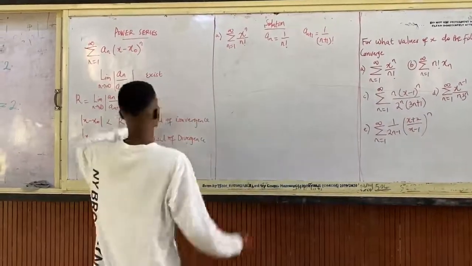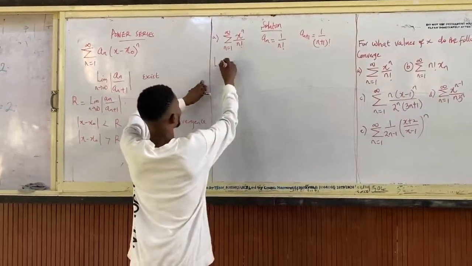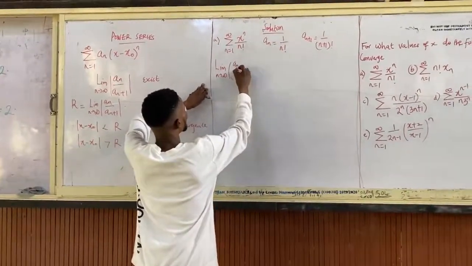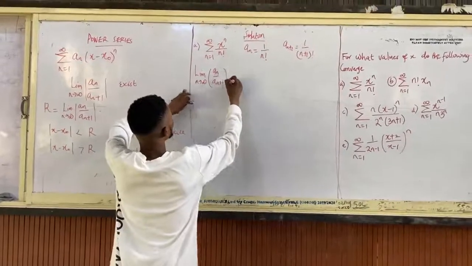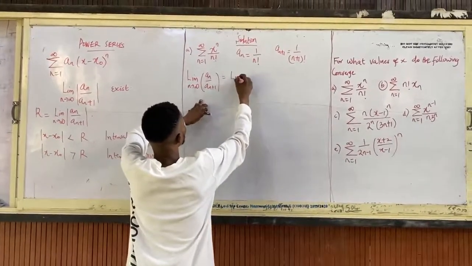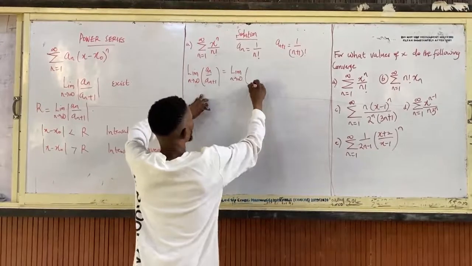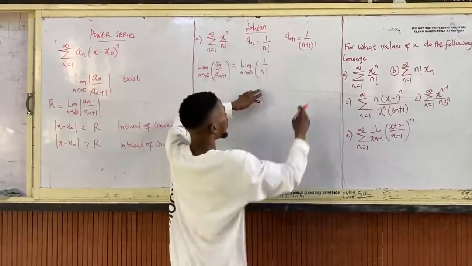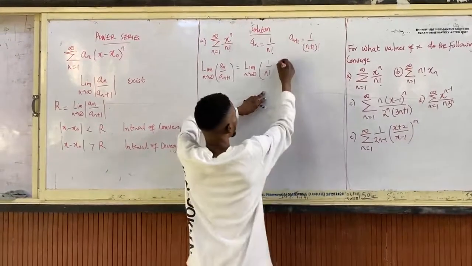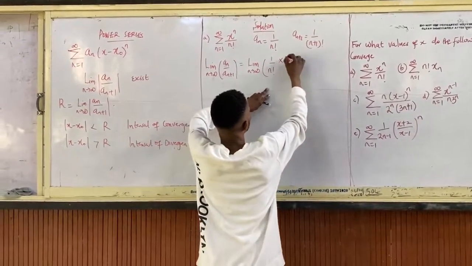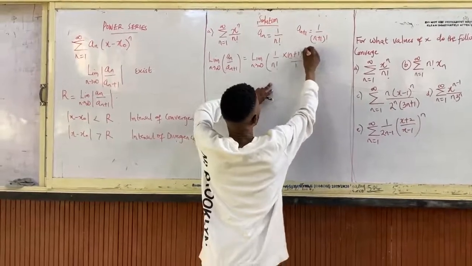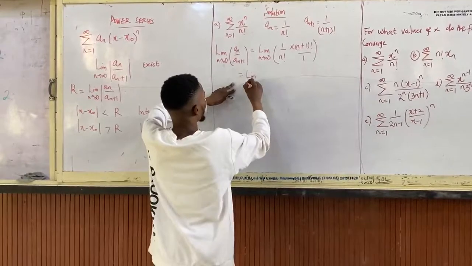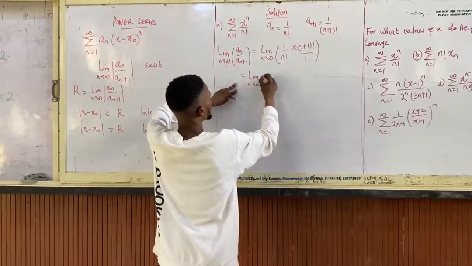Now we take the limit as n tends to infinity of an over an plus 1, which is equal to the limit of 1 over n factorial, that's an, all over an plus 1, that's times n plus 1 factorial over 1, which is equal to the limit as n tends to infinity of n plus 1 factorial over n factorial.